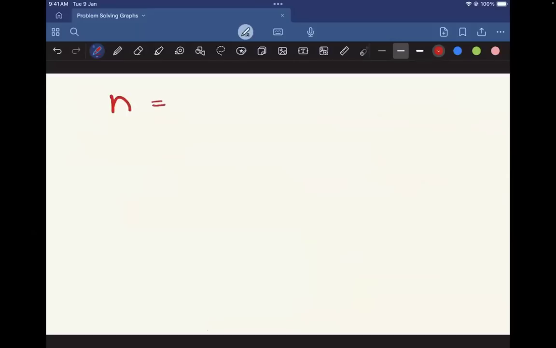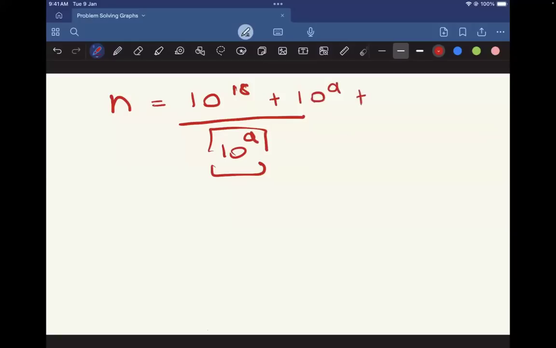So consider n is equal to 10 raised to 18. Basically, the number of light bulbs we want on. So from 1 to 10 raised to 18, do you agree 10 raised to 9 light bulbs are perfect squares? Correct? So in 10 raised to 18 plus 10 raised to 9 plus some constant, plus let's say another 10 raised to 4 or something like that, do you agree 10 raised to 18 bulbs will be on for sure?